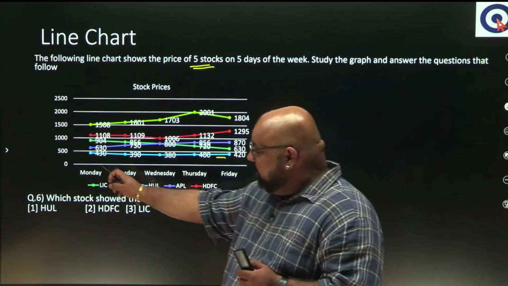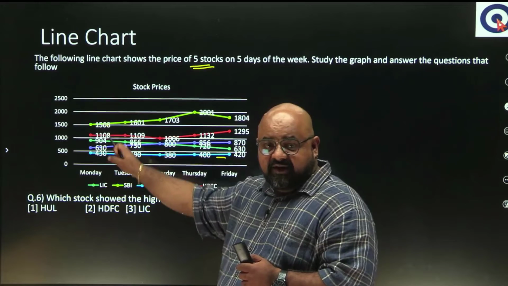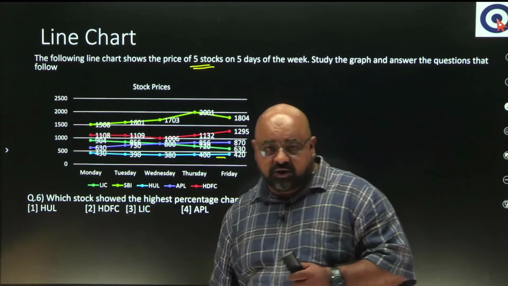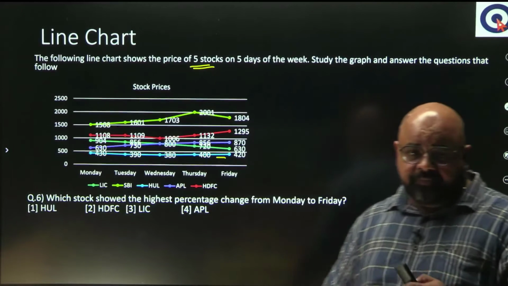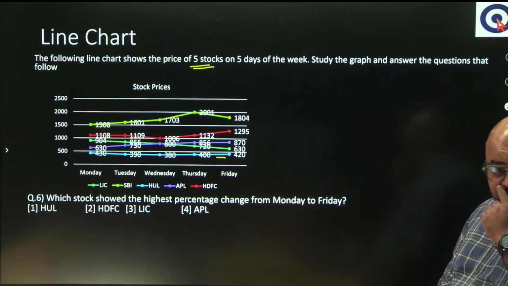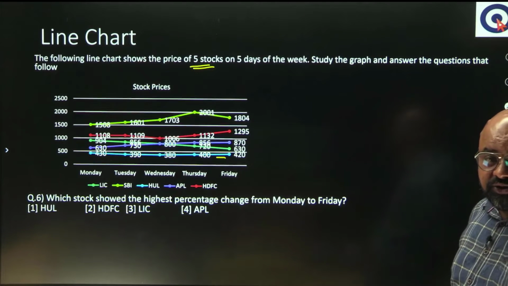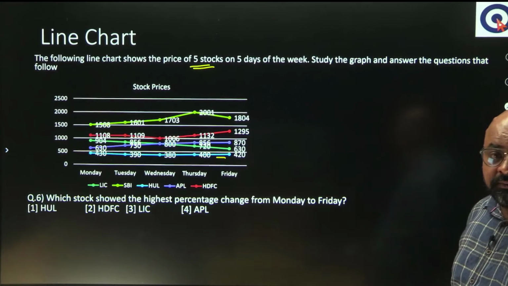So on Monday the share prices were 430, 630, 904, 1108 and 1508. On Tuesday different prices, Wednesday, Thursday different prices, and so on. So 5 stocks, 5 days prices are given to me. The question asks me which stock showed the highest percentage change from Monday to Friday.